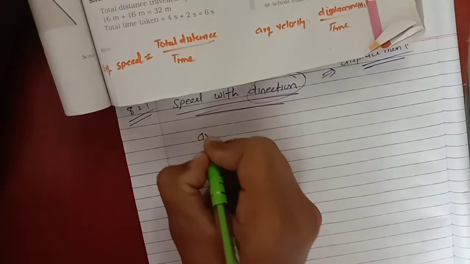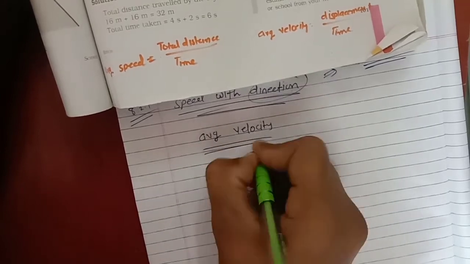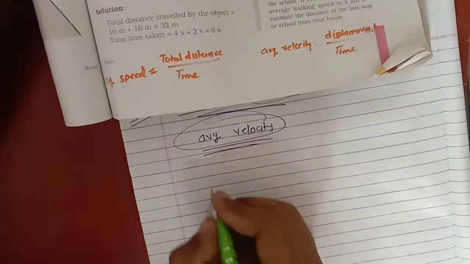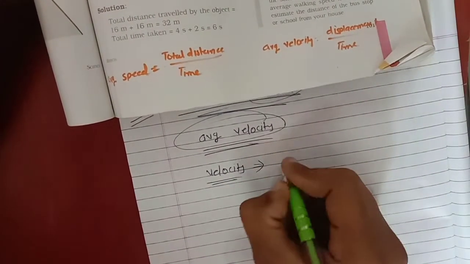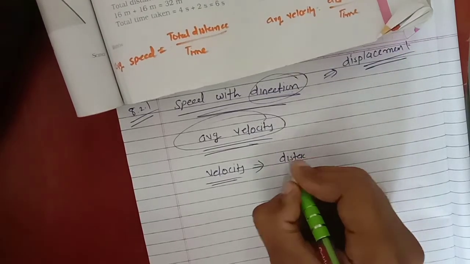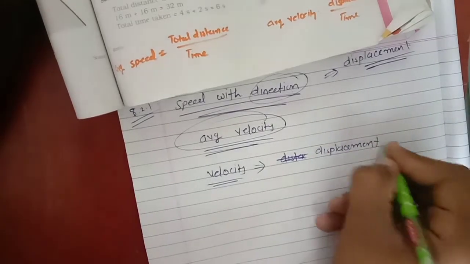Then what about average velocity? First we discuss what is velocity. Velocity is nothing but displacement upon time.